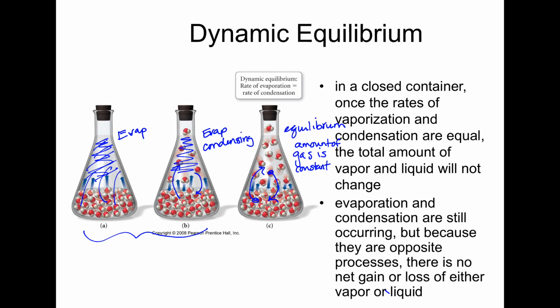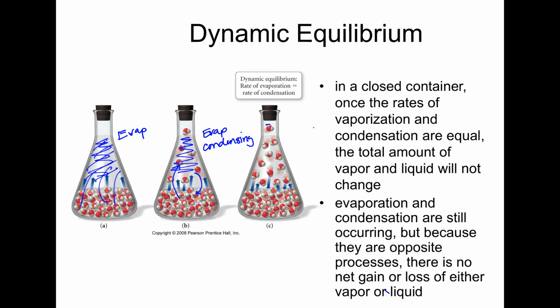We like to work at a point of equilibrium because in all these other situations, the moles of gas is changing, and so it's really hard to calculate things like pressure and other gas characteristics there. But at equilibrium, the amount of gas is constant, so the moles of gas is constant, and it's much easier to do our gas law calculations at equilibrium.